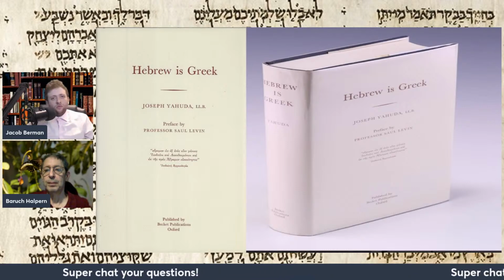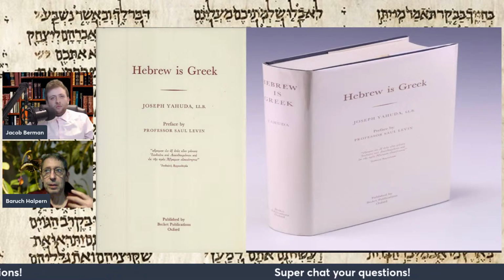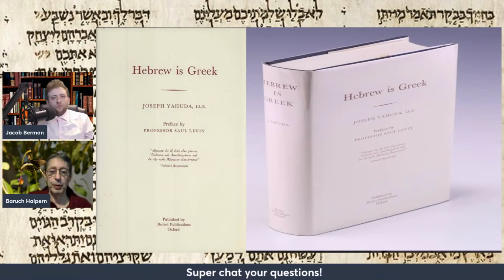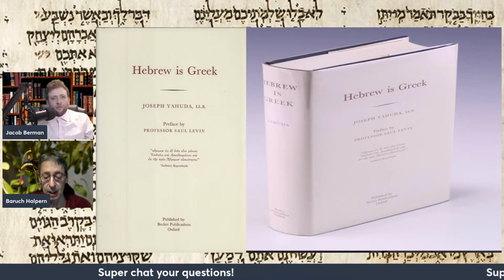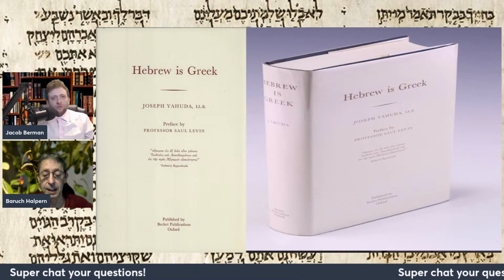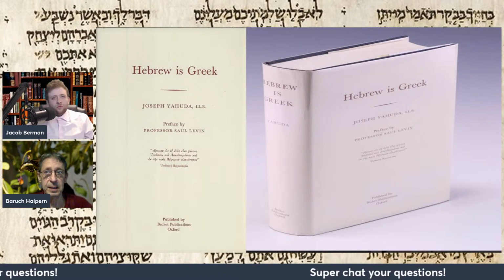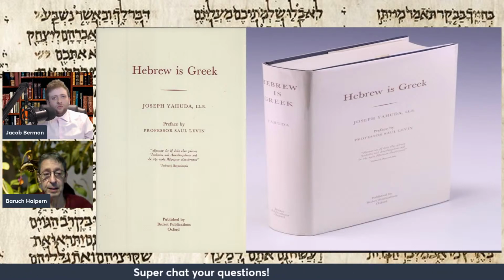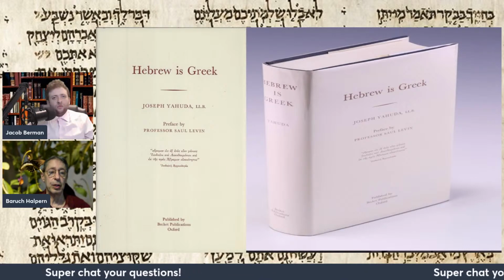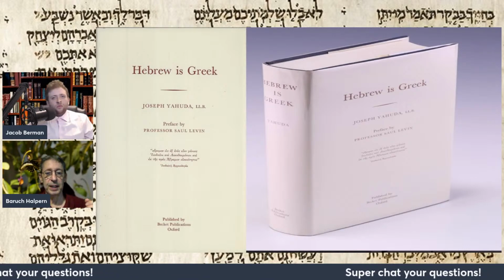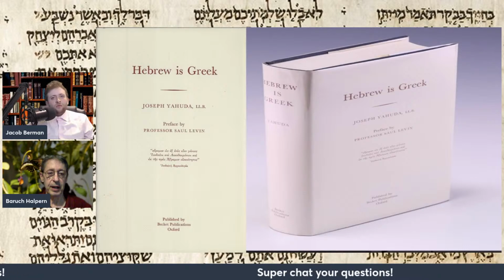The function might be the actor, in which case it will end with an S, os, if it's masculine. The noun might be the receiver of the action, not the subject, but the object. And in that case, it will end with an on. Hebrew has none of these characteristics.